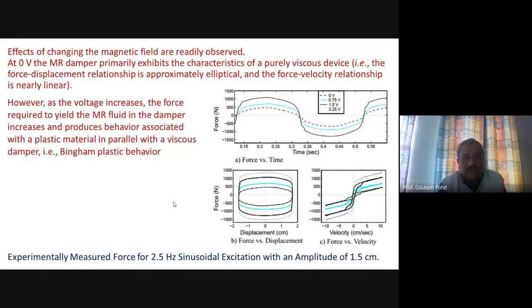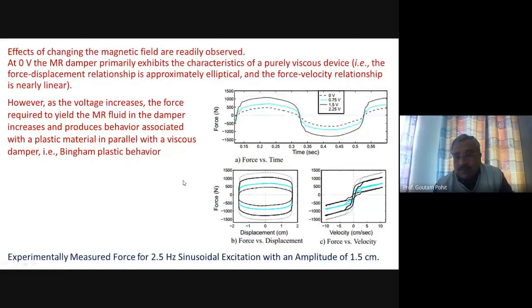Now we can change this hertz: 2.5, 4.0, 4.5, and according to amplitude also we can change, and we can get different kinds of results. Okay, so this one they have done to show the experimental result, that is how the damper responds.